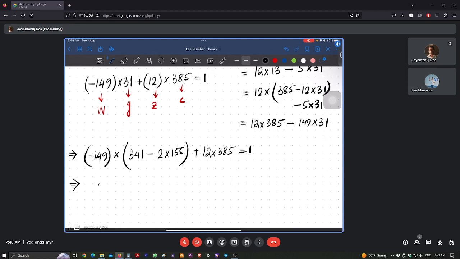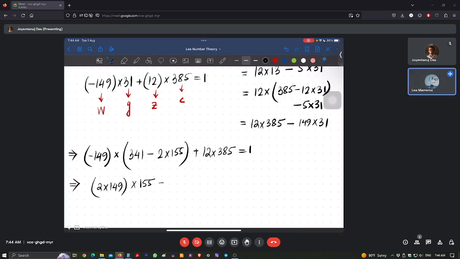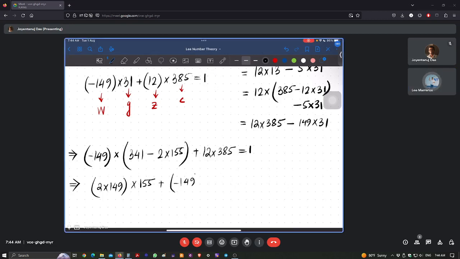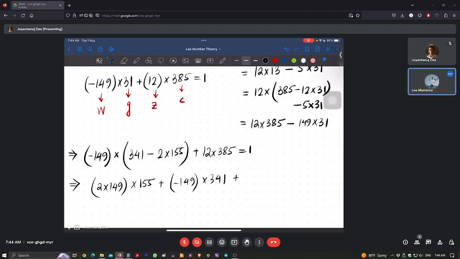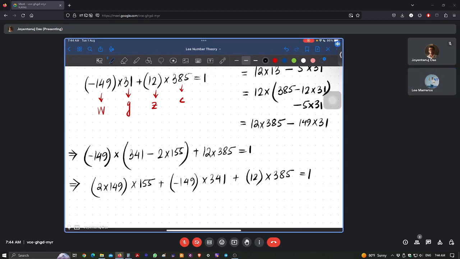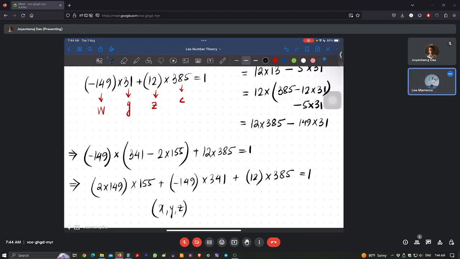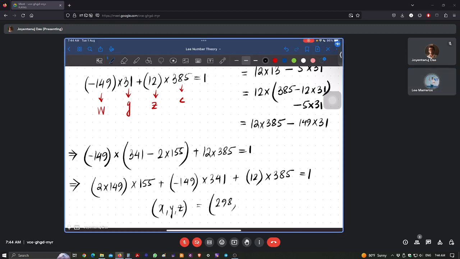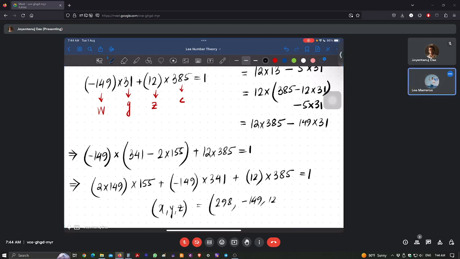So it will be 2 times 149 times 155, plus minus 149 times 341, plus 12 times 385. 2 times 149 is 298, right? So the solution XYZ is 298, minus 149, and 12.